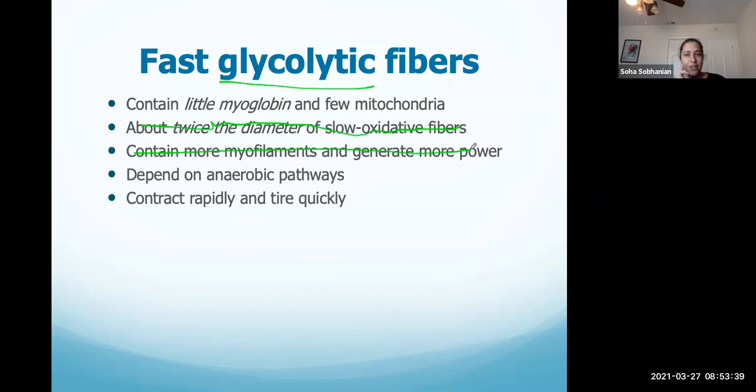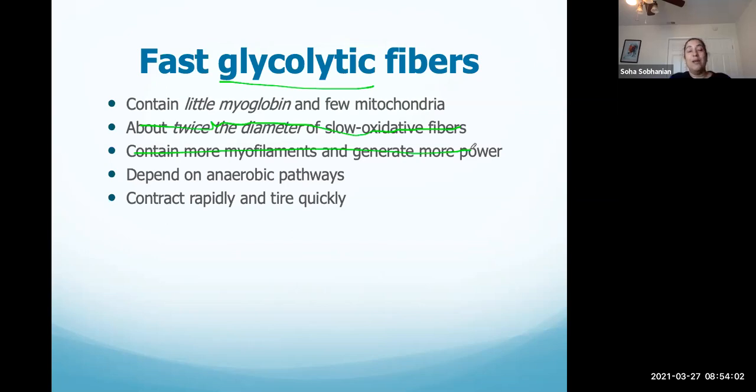When you think about red color, what are you thinking about? Iron, you're on the right track. Blood vessels, correct. A lot of blood vessels to the tissue. You don't send a lot of blood because you don't need that oxygen to the tissue, right? You don't need that high supply of oxygen to the tissue.